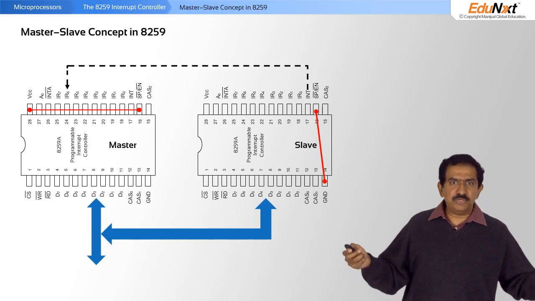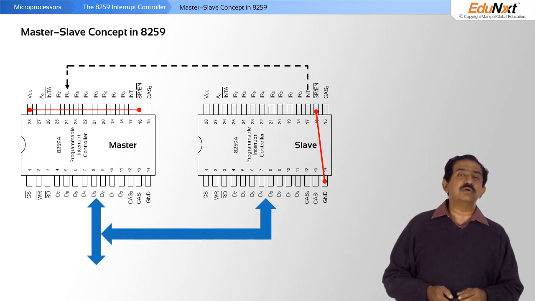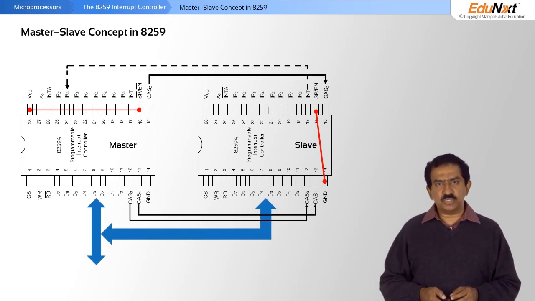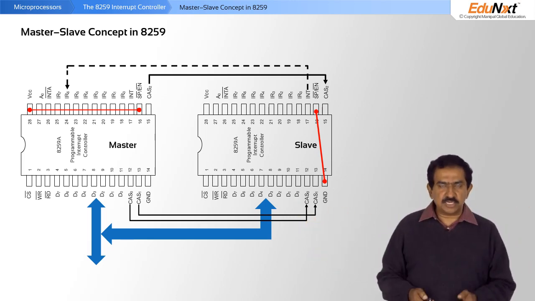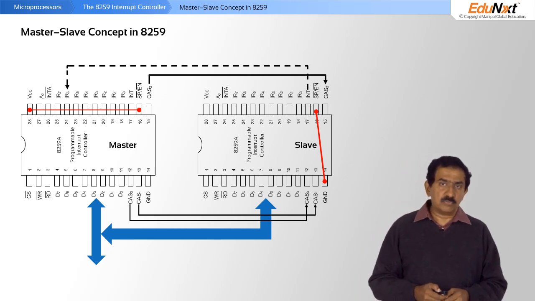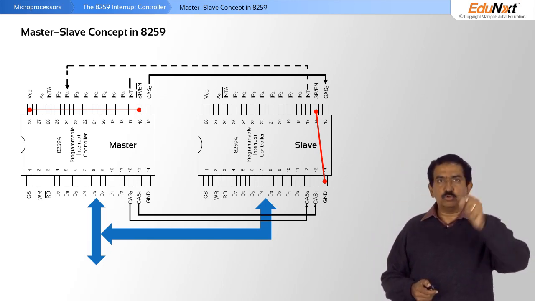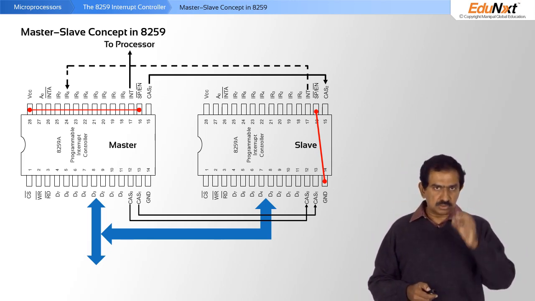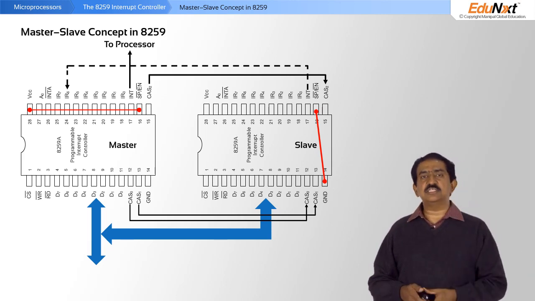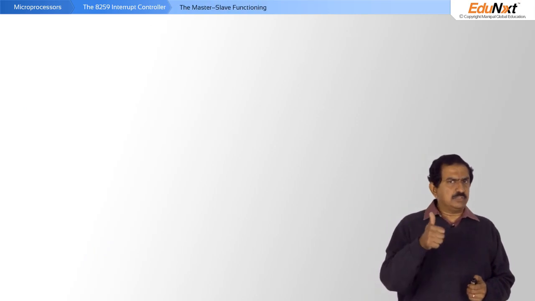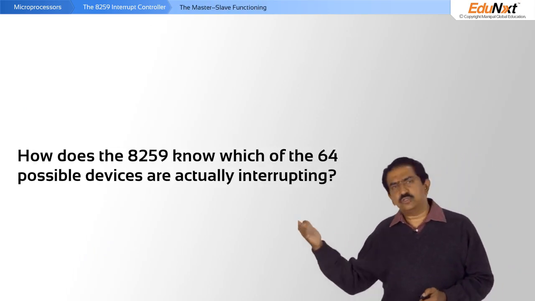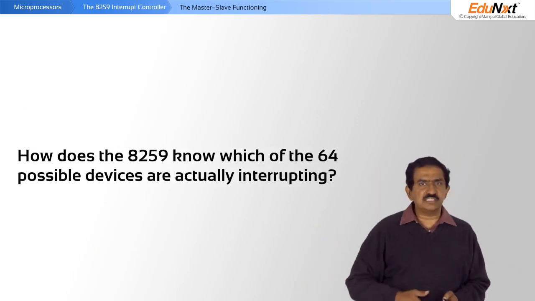Data bus is common between both of them, and of course you must connect all the cascade pins together. And all the 8259s in the system are architected this way. The master interrupt output pin goes to the processor. So the processor really sees only one interrupt line. If it sees only one interrupt line, how does it know which of the 64 possible devices are actually interrupting?